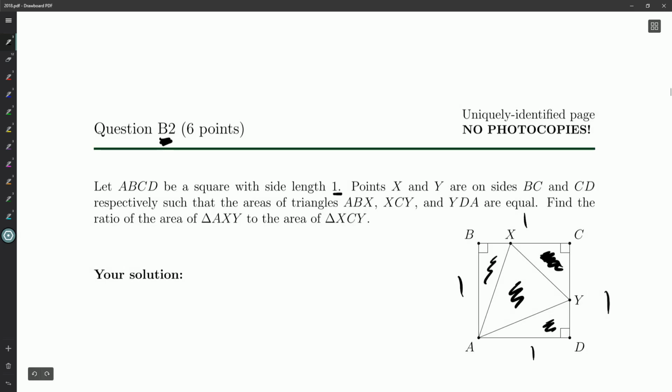Am I missing something? Did I misread? Square, side length 1, points on the sides. ABX, XCY, YDA are all equal. Yep, I worked that out. So those are K, and that's K over 2, K over 2, K over 2. So that should be 1 minus 3K over 2. And I want the ratio of those areas.